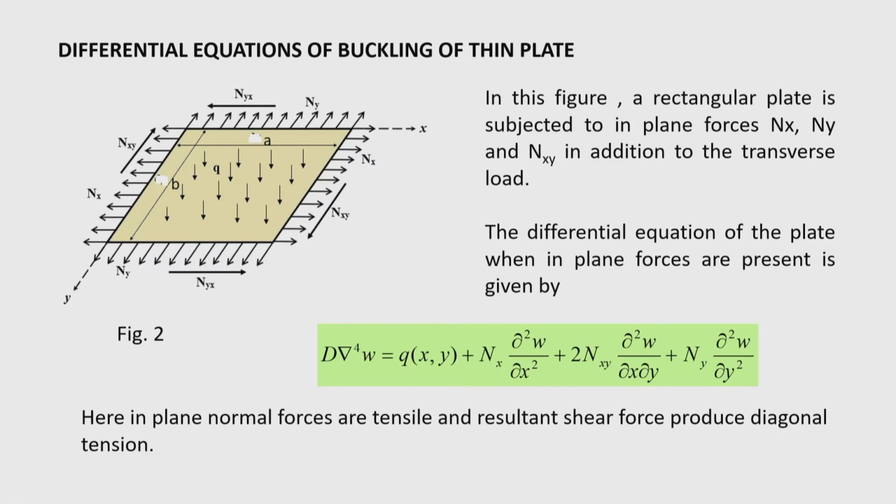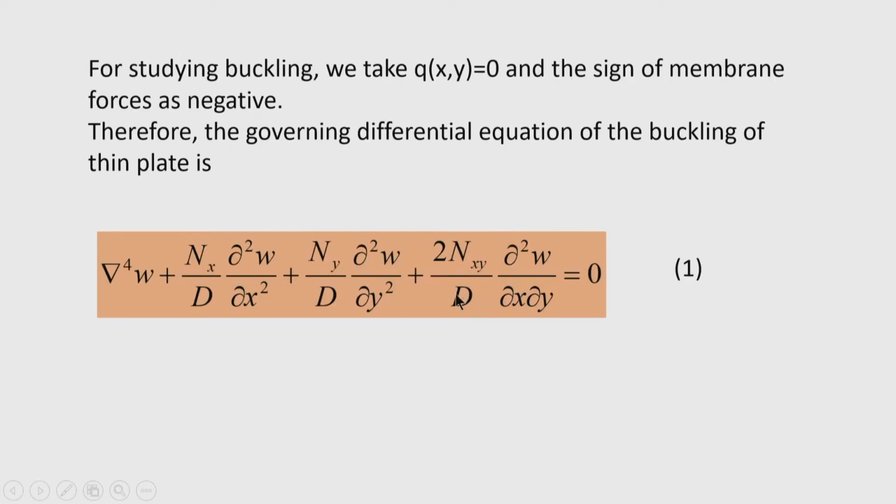So, now the equation for buckling is done by taking q(x,y) equal to 0 in the earlier differential equation, and the sign of the membrane forces are reversed. Previously it was taken positive, now it is taken negative.